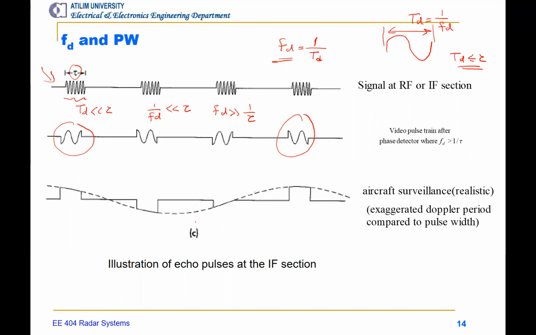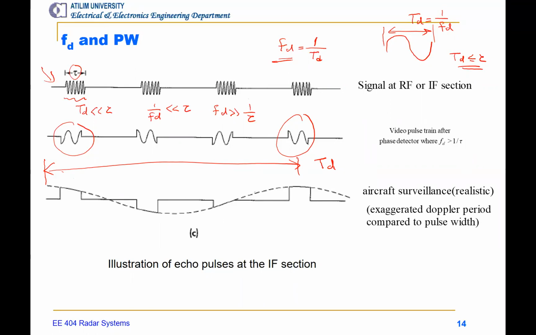Finally, which is very common in surveillance type radars, here the TD is much greater than the pulse width.